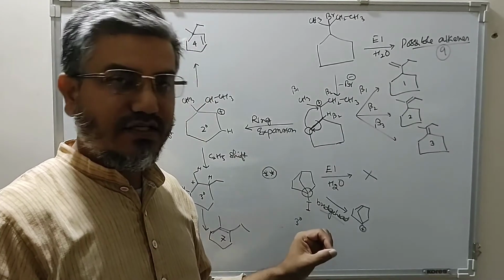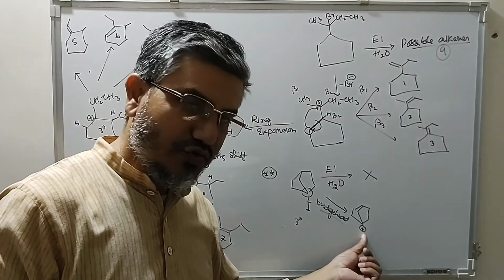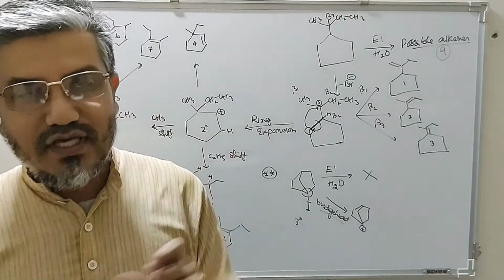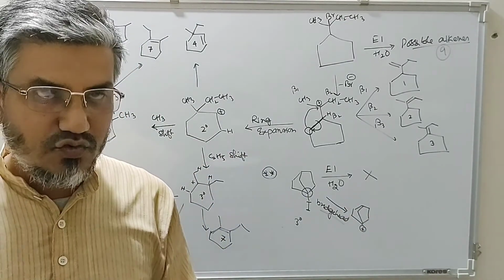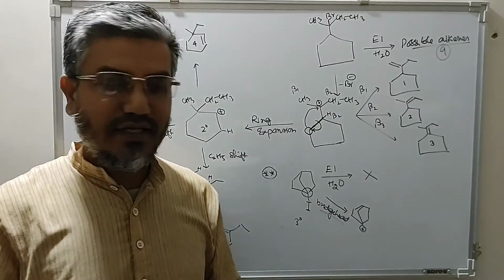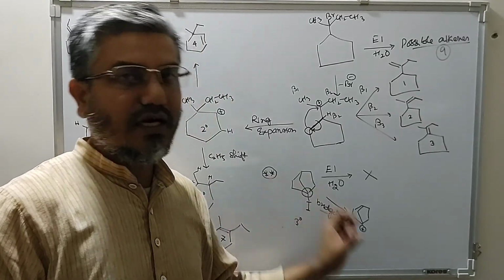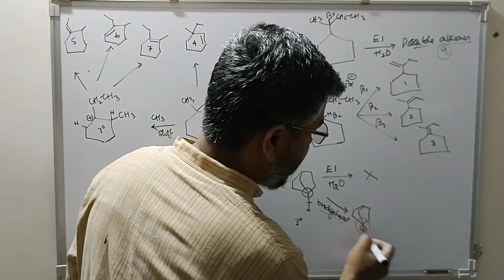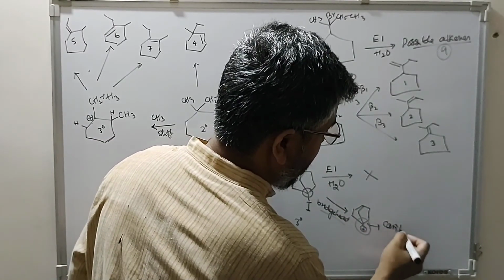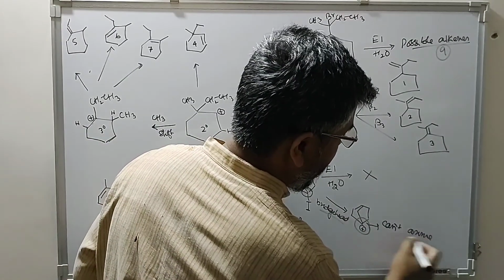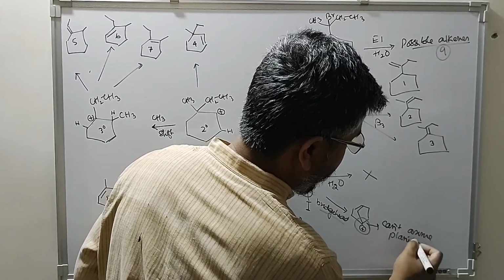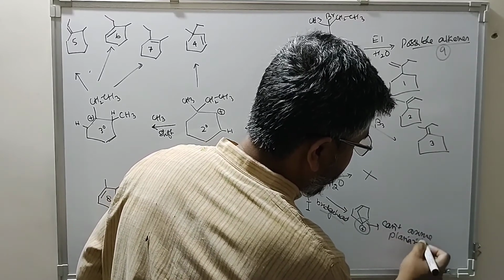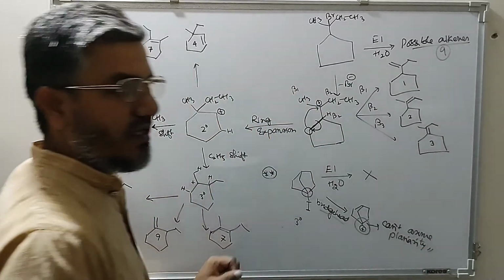Since this cannot assume planarity, there is no possibility of formation of carbocation. The cationic carbon is sp2 hybridized and it should be planar, but bridgehead carbon cannot assume planarity. Since this cannot assume planarity, there is no question of carbocation formation.